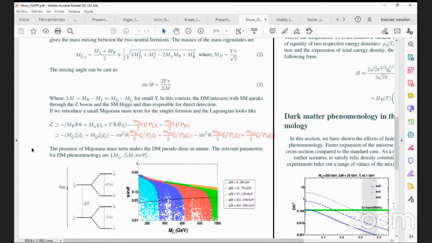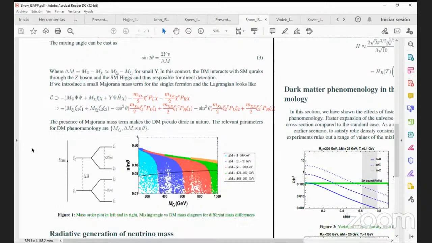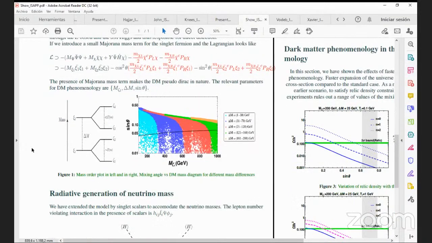On the right side we have the plot. We have plotted the mixing angle sin theta against the dark matter mass. On the y-axis we have the mixing angle, and on the x-axis the dark matter mass, and different colors are used for different mass differences. You can see this black dotted line in the plot, and the region below it is the allowed region of parameter space for the pure singlet-doublet scenario, when you are not writing any Majorana mass term.